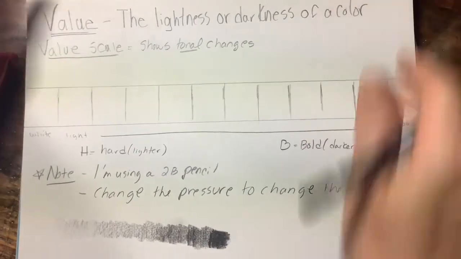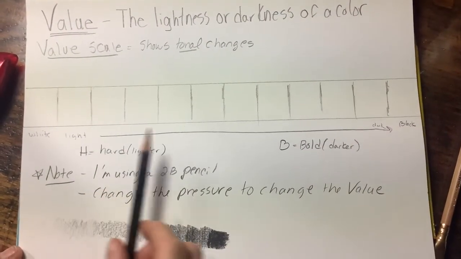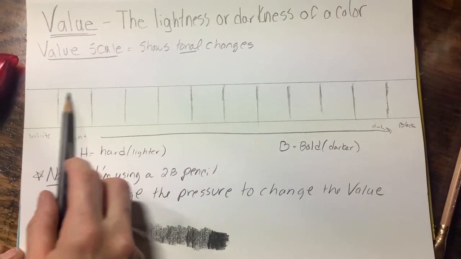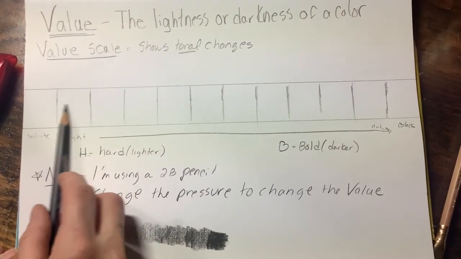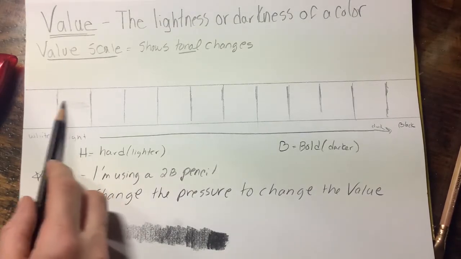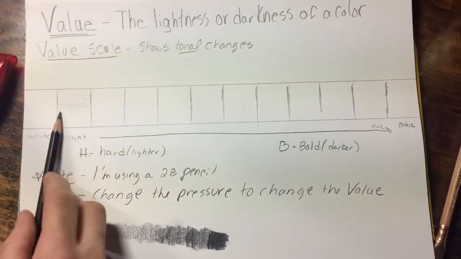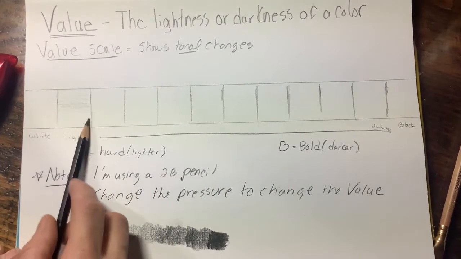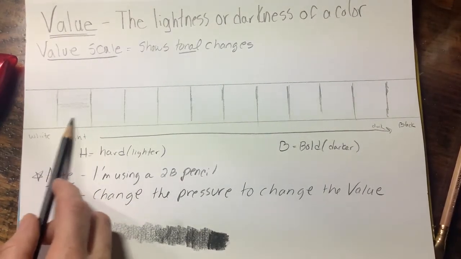Okay. All right, so I'm going to get started on my very first value, and I am going to press so light. You might not even see it. And if it gets too dark, like right here, then that's where your eraser will come in.